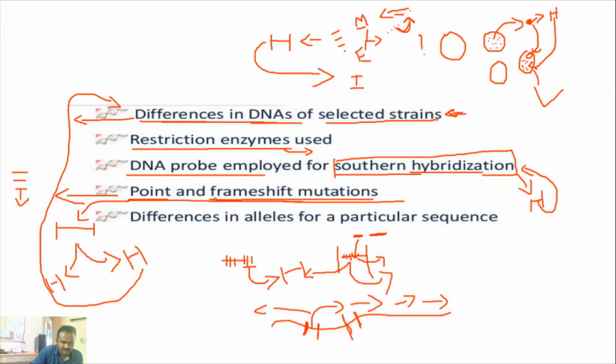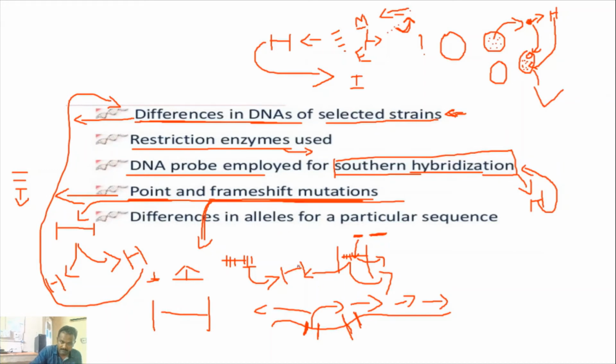So in this frame shift mutation, with the RFLP DNA, we are finding whether the DNA of two populations contains point mutation or frame shift mutation. This is the main point. First we identify the homology between the given DNA sample or two populations of samples. Number two, identify the point mutation in the case of genetic disorders, or frame shift mutation in the case of recombination.